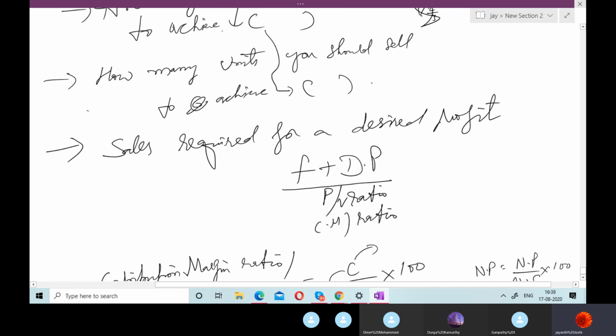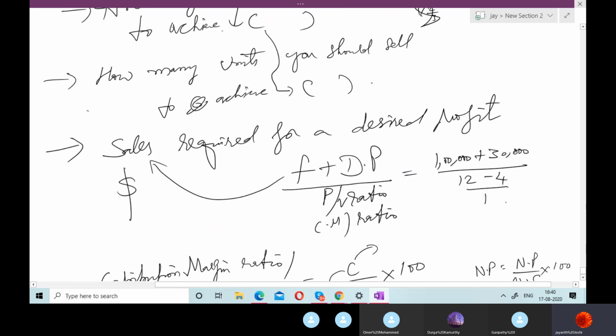Because I want to find out the sales value in terms of dollars. Okay, and this will give me the answer for that. How? So fixed cost is how much in the question? 1 lakh. Desired profit is 30,000. Sales minus variable cost divided by sales, that is divided by 12.